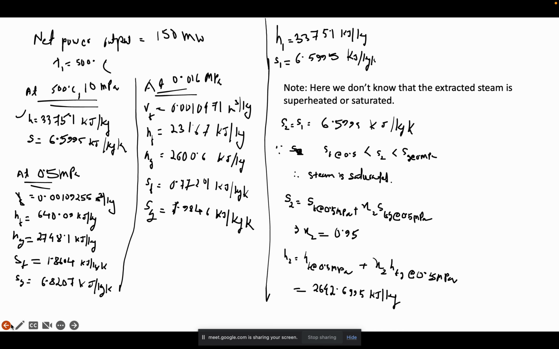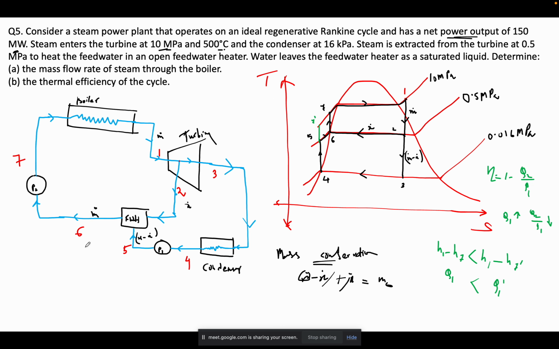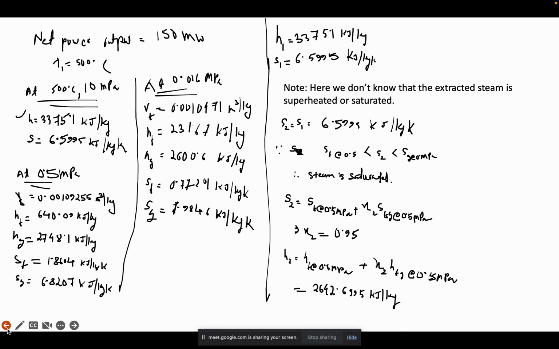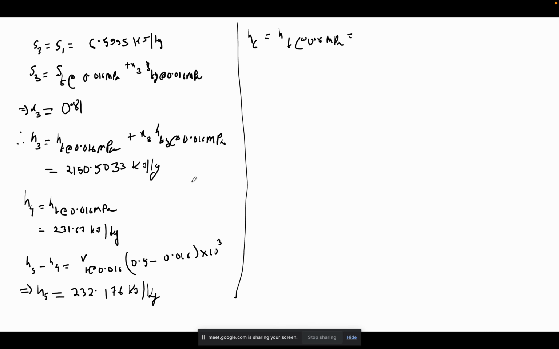you'll get H6. H6 is equal to HF at 0.5 megapascal, and HF at 0.5 megapascal is 640.09 kilojoule per kg.